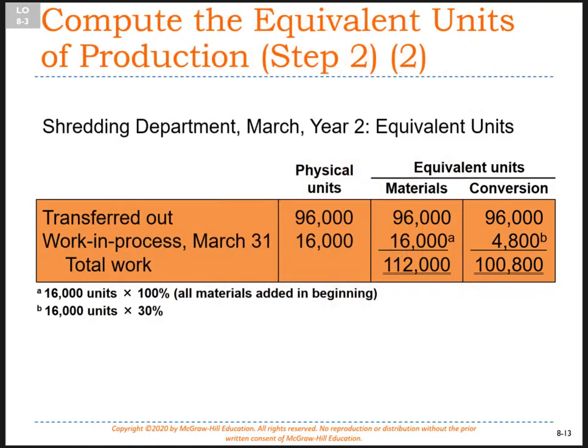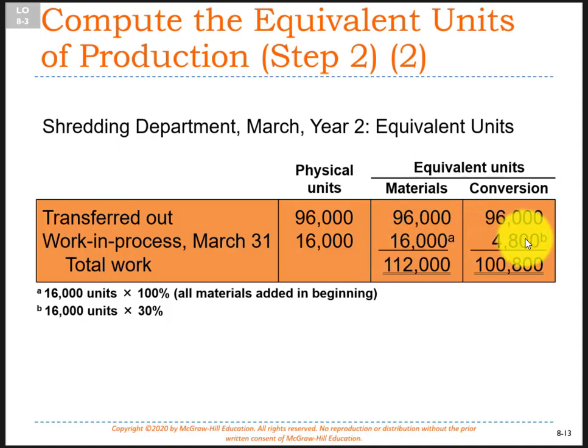So once we have that, we calculate the equivalent units by simply adding the transferred out. And notice we have a column for materials and a column for conversion costs, because we're going to calculate equivalent units for both separately. Because all the transferred out units are fully done, and that's the same for conversion and materials. But for the ones that are still being worked on, the materials are finished, which means that you have a full 16,000.